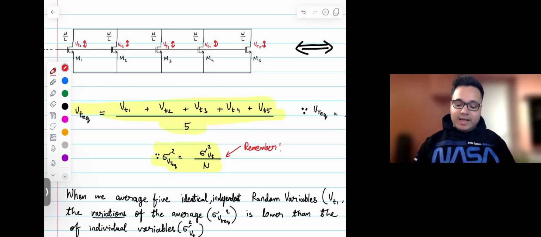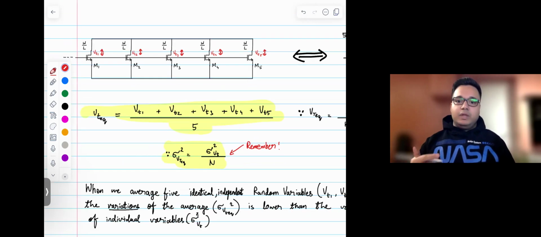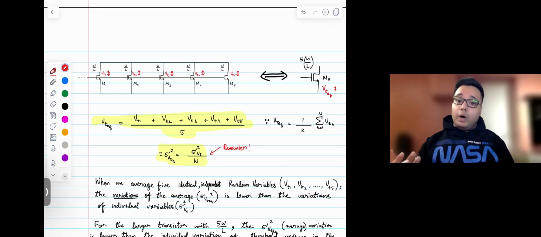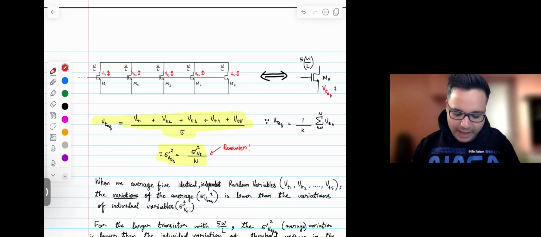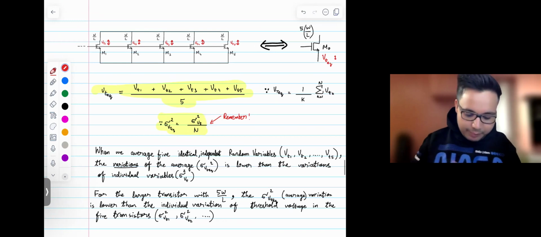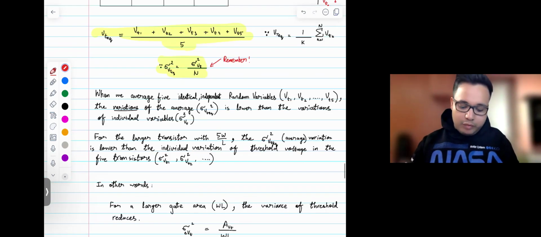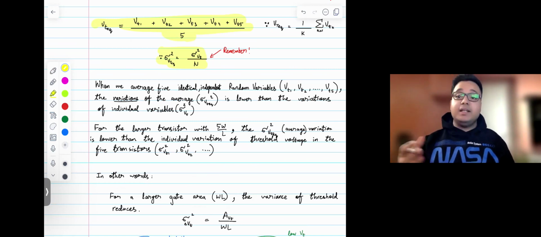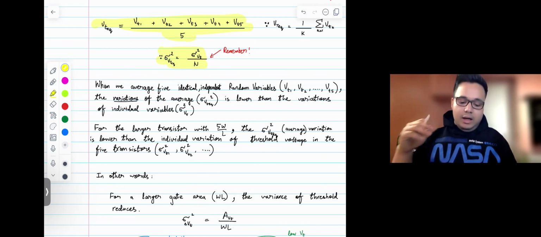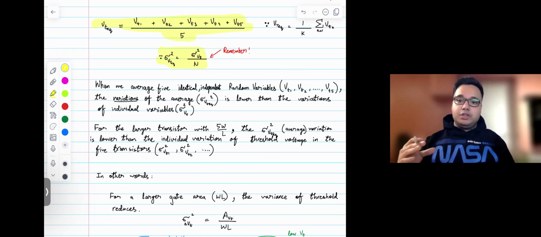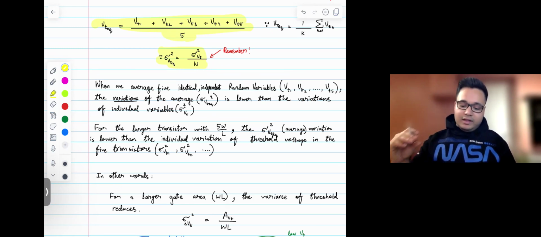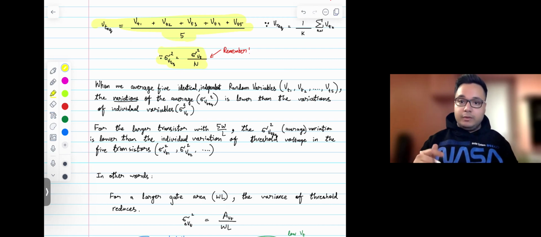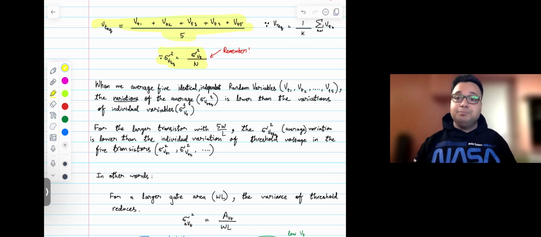Essentially, what we're saying is that if we increase the size or the gate area of the transistor, then the variation is going to be lower, right? And that's basically what I've mentioned in the text below, that when we average 5 identical independent random variables, in this case, VT1, VT2, VT3, VT4, VT5, the variation of the average, which is sigma VT equivalent squared, is lower than the variation of the individual variables, which is sigma squared VT.